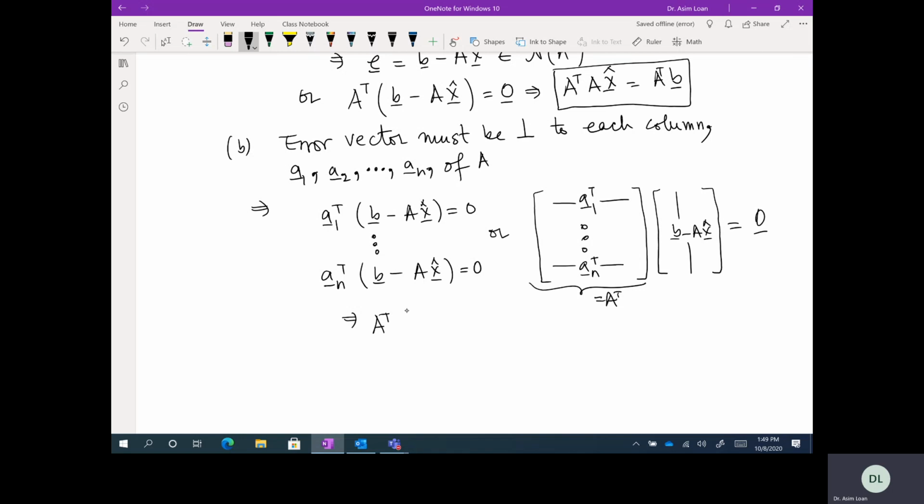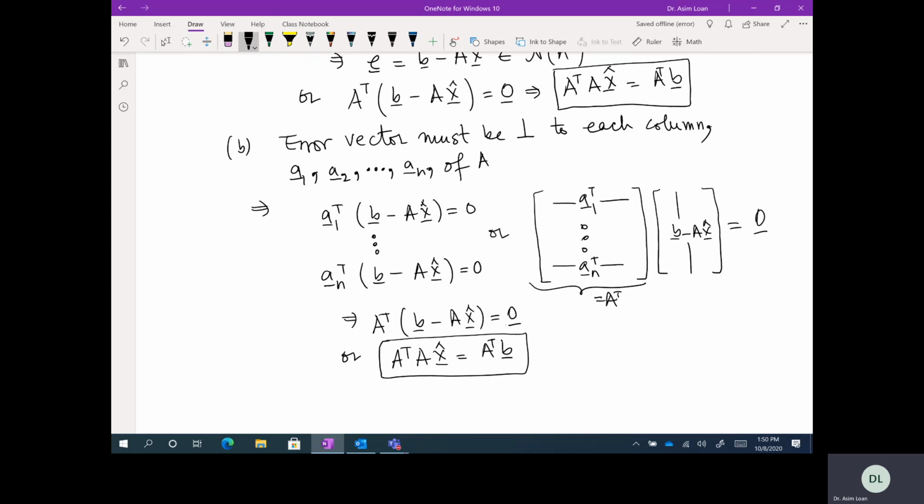So A transpose into B minus AX hat equals 0, or A transpose A into X hat equals A transpose into B, which is the same equation as this one.